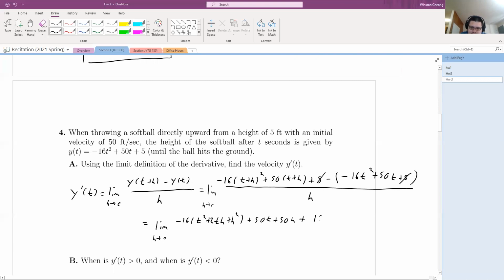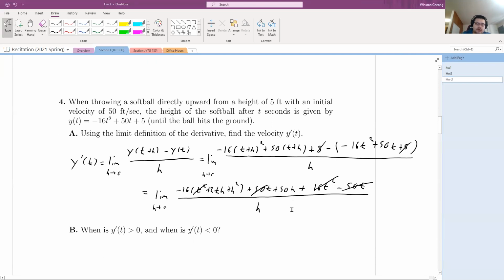Whatever. Plus 16t squared minus 50t. Okay. This minus 16t squared and this plus 16t squared, and then this plus 50t and this minus 50t will cancel.